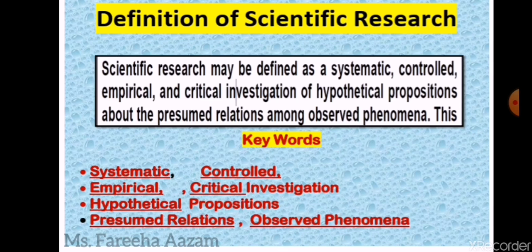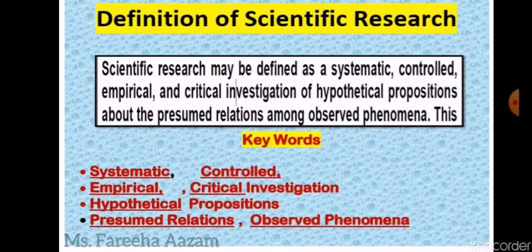Here there are some key words like systematic, controlled, empirical, critical investigation, hypothetical propositions, presumed relations, and observed phenomena. Actually, a hypothesis is a supposition or proposed explanation made on the basis of limited evidence as a starting point for further investigation.